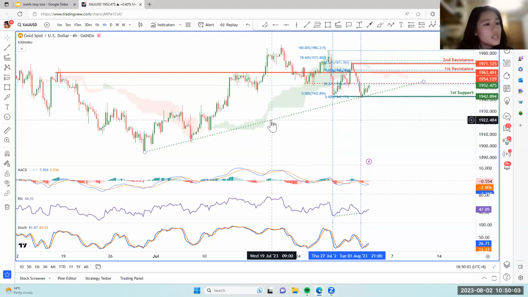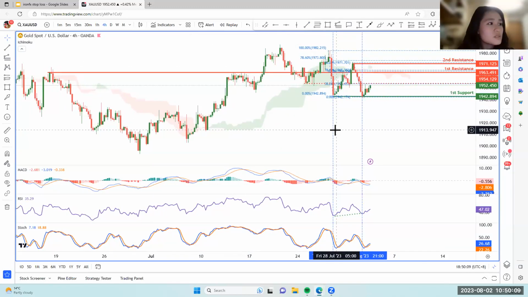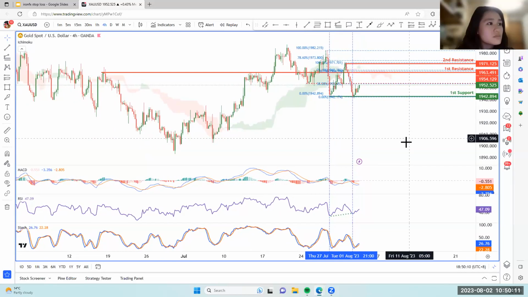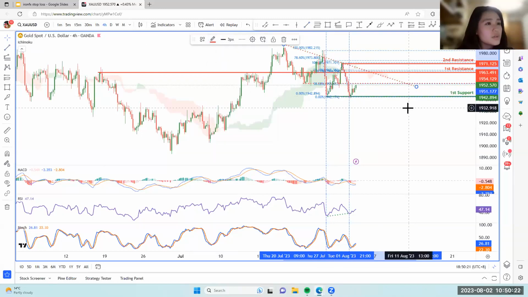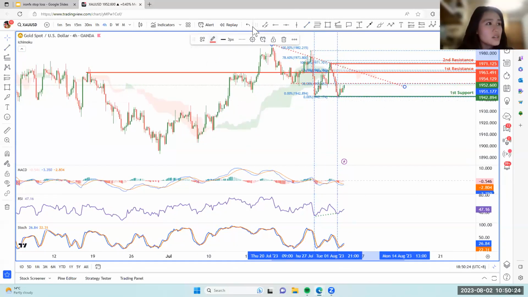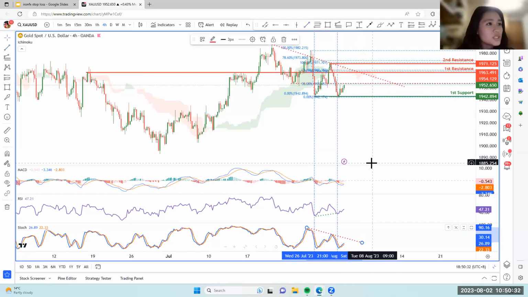Okay, I'm gonna go ahead and remove our ascending trend line. Here we have a descending trend line, and on our stochastic, we also have a descending trend line here.